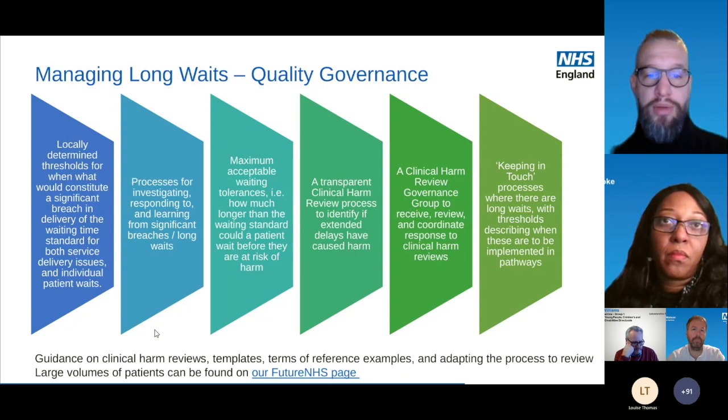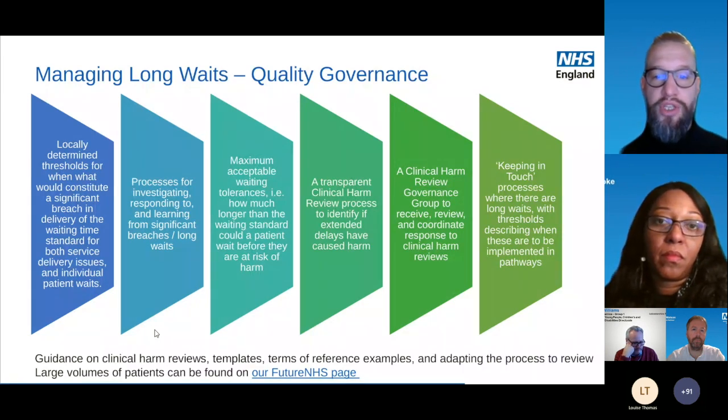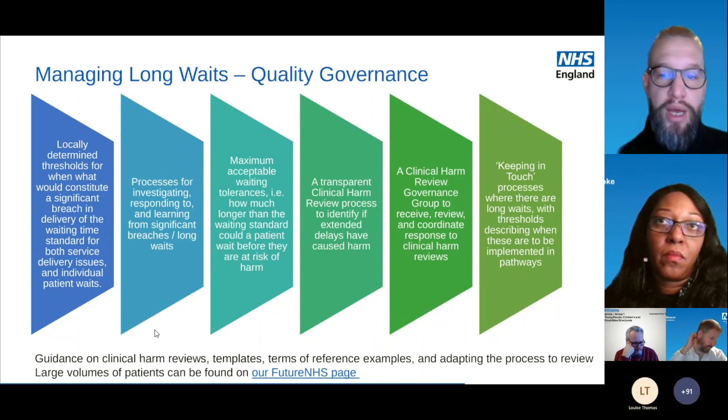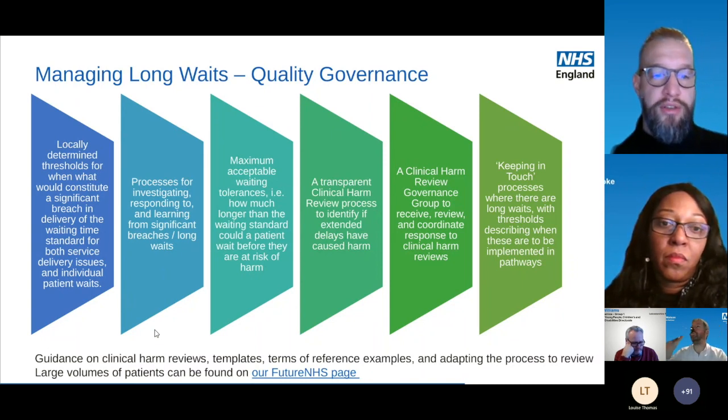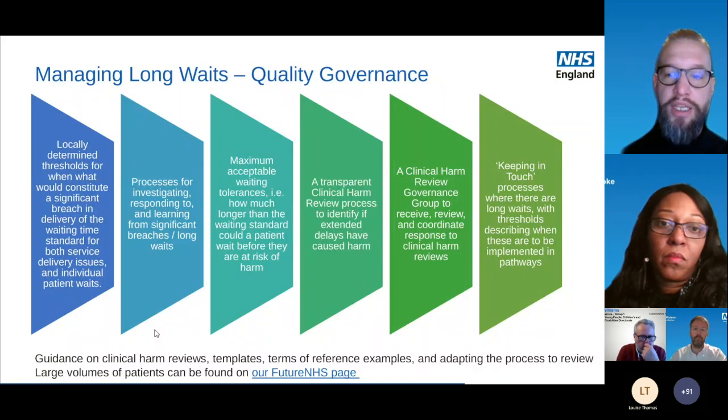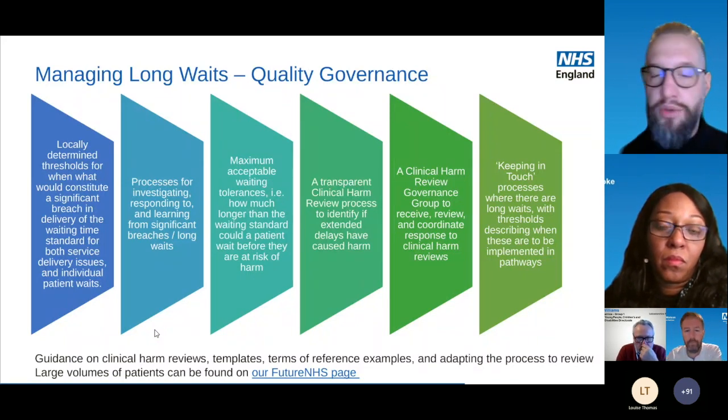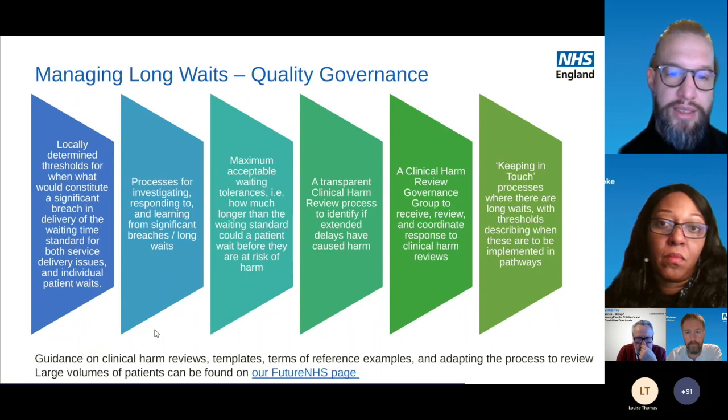Has the delay in treatment meant that the patient has a loss of functionality that is greater than could have been anticipated from their disorder? And fourthly, has there been any prolonged psychological harm experienced? So, over 28 days is the general threshold for that.